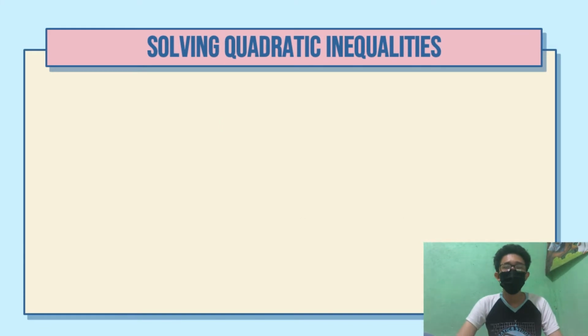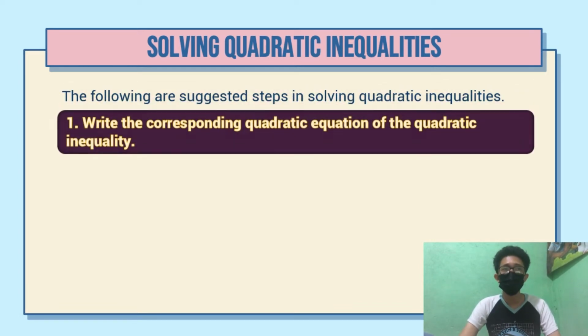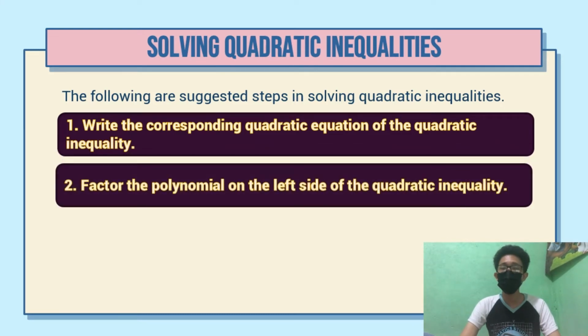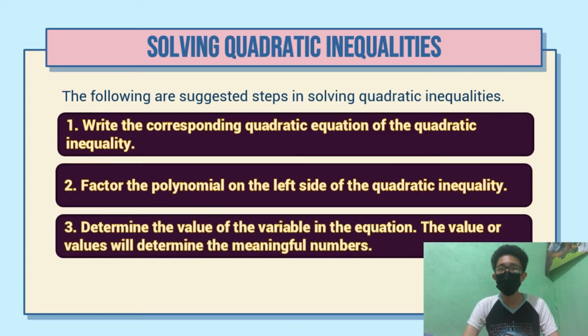Now, let us solve quadratic inequalities. The following steps are suggested. First, write the corresponding quadratic equation of the quadratic inequality. Number 2, factor the polynomial on the left side of the quadratic inequality. Number 3, determine the values of the variable in the equation.